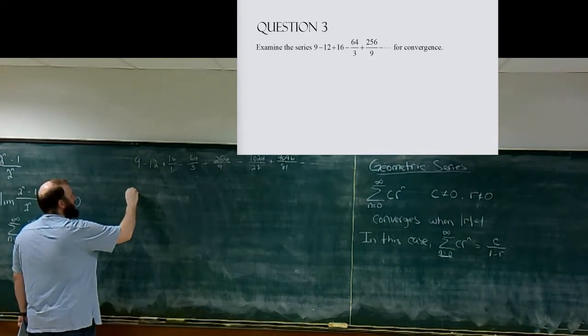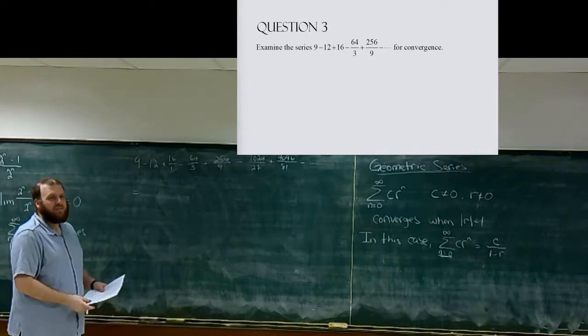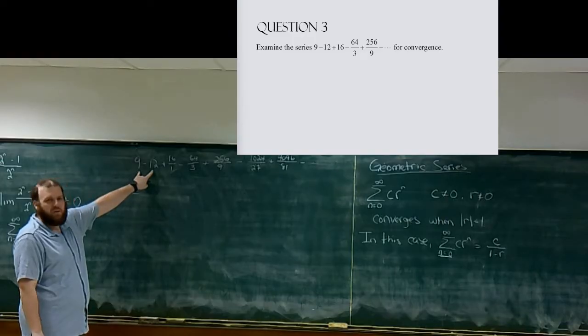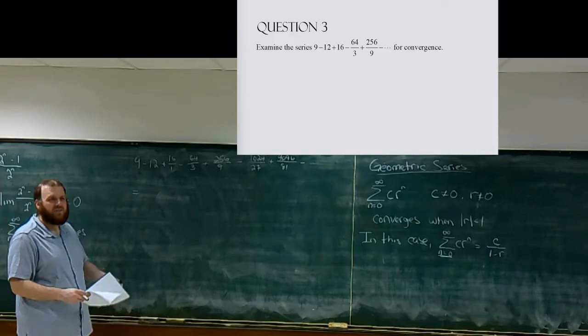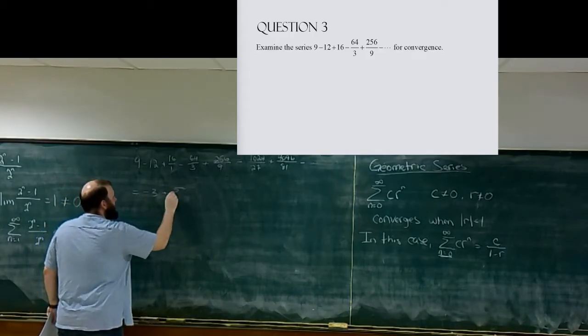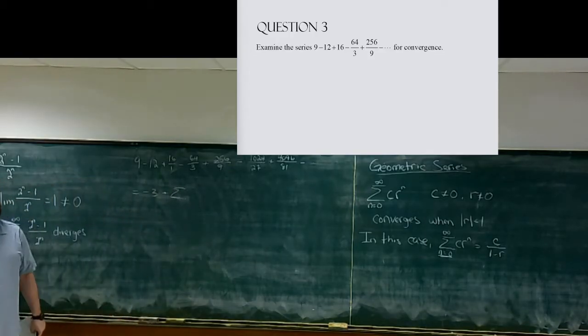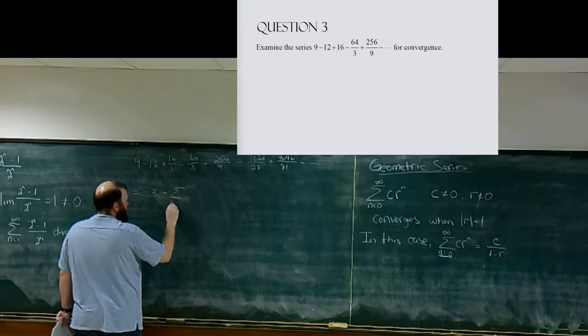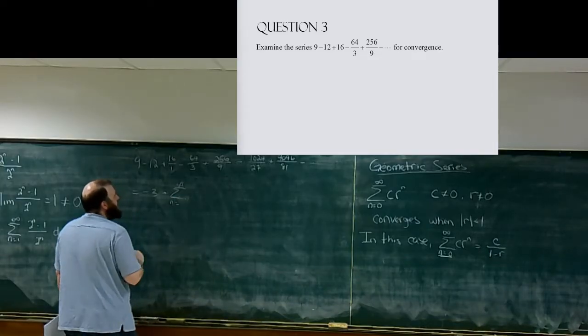So why don't we just do this? What's 9 minus 12? -3. -3 plus a sum, n equals something to infinity.